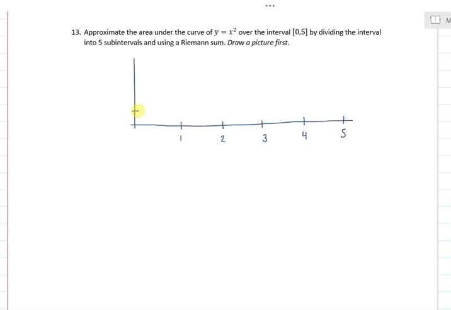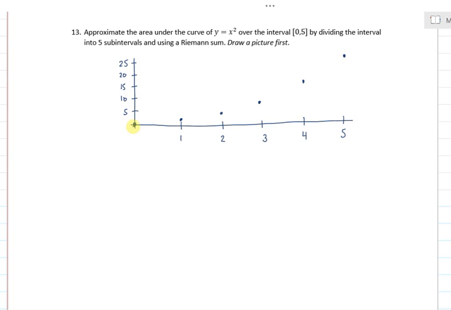So I'm going to do 5, 10, 15, 20, 25. Okay, 0 squared is 0. 1 squared is 1. 2 squared is 4. 3 squared is 9. 4 squared is 16. And 5 squared is 25.